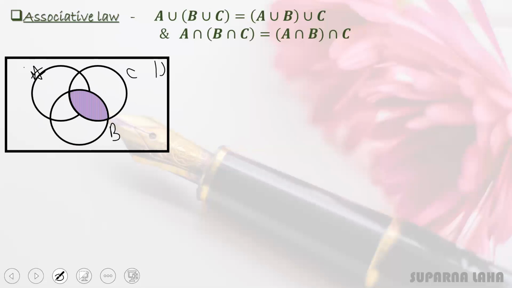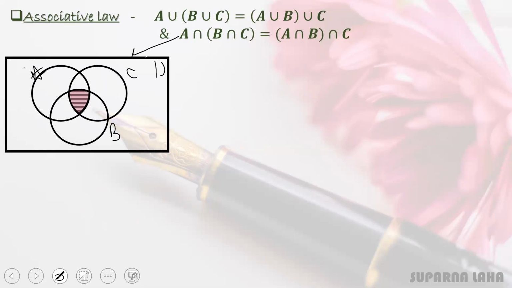Now look at A intersection this portion, meaning the common element between A and B intersection C. Only this portion. Right? Only the common portion is this. By the diagram you can easily see that. So this shaded portion is A intersection B intersection C.